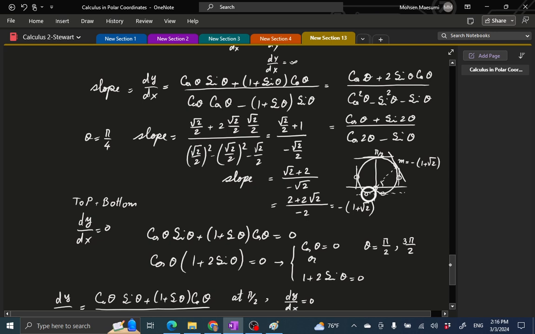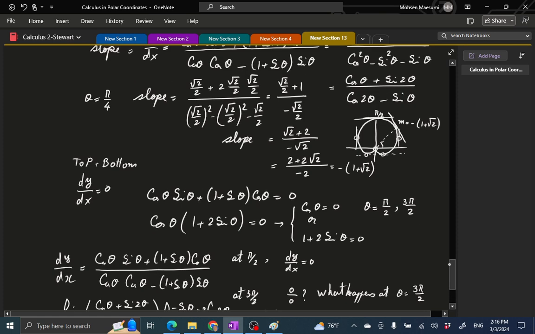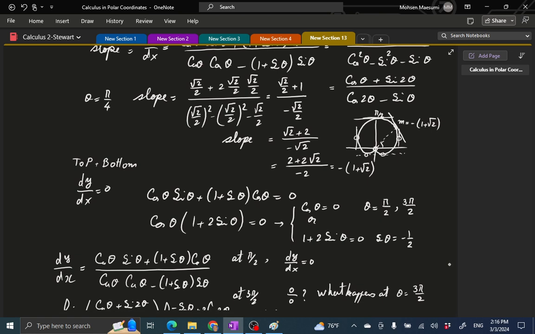We have these two to take care of, and that one you can see from here. Sine of theta becomes minus 1/2, and that gives us theta equals the angle at which sine is minus 1/2, 7 pi over 6 and 11 pi over 6.